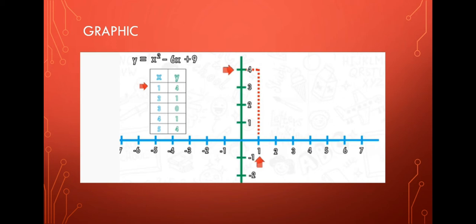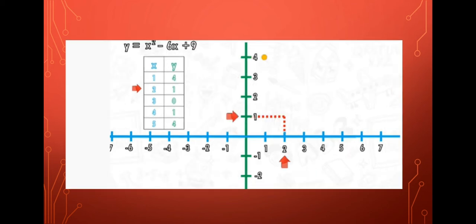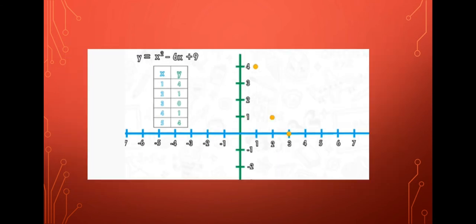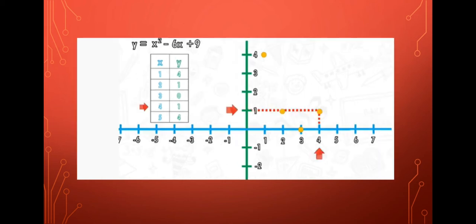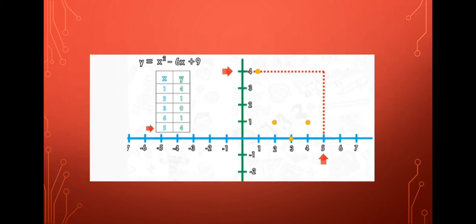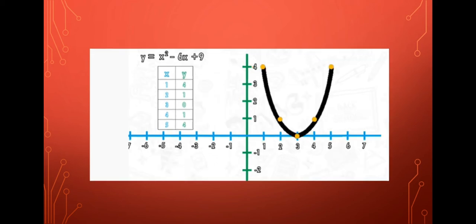We can see the points x=1, y=4; x=2, y=1; x=3, y=0; x=4, y=1; and finally x=5 and y=4. And our parabola is ready, and we are done.